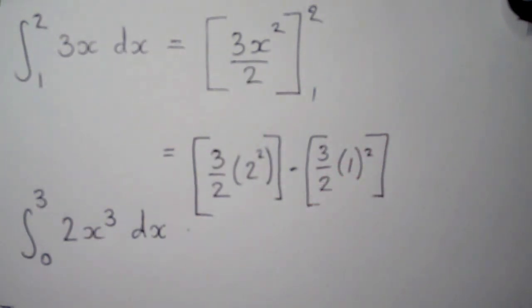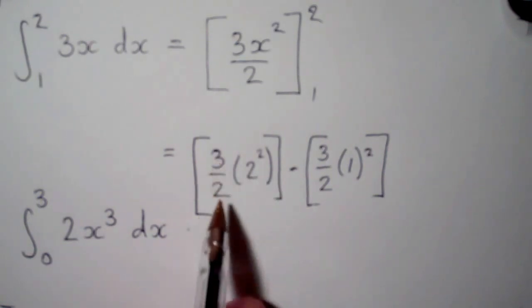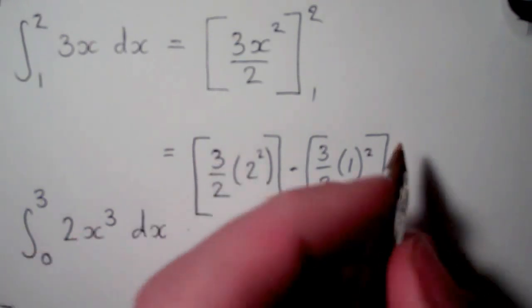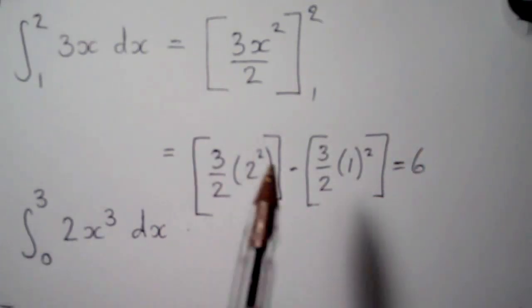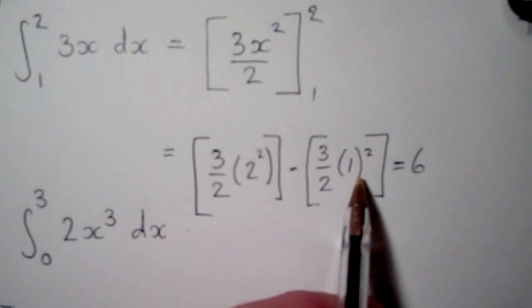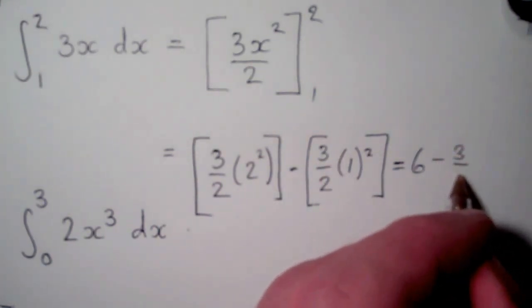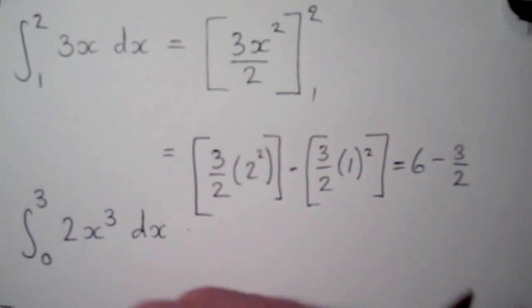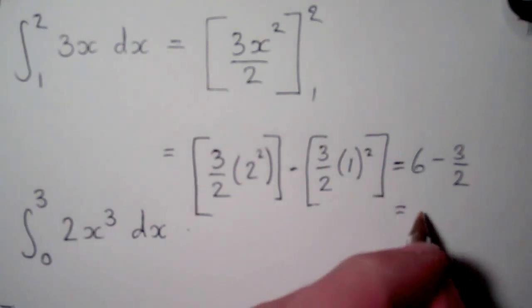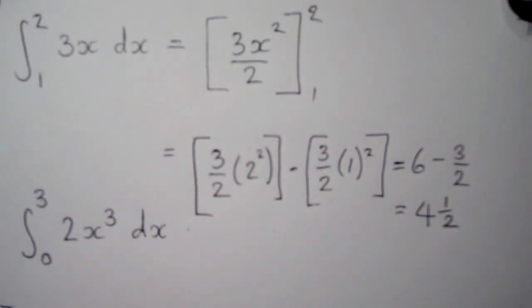Then 2 squared is 4, times 3 is 12, divided by 2 is 6. So I've got 6, and then 1 squared is 1, and then 3 over 2, so that's minus 3 over 2. 6 minus 3 over 2, well, 3 over 2 is 1.5, so that's 6 minus 1.5, which is 4.5. So my answer here is 4.5.